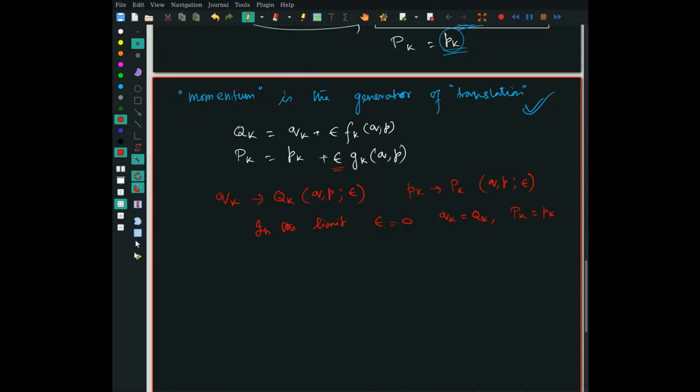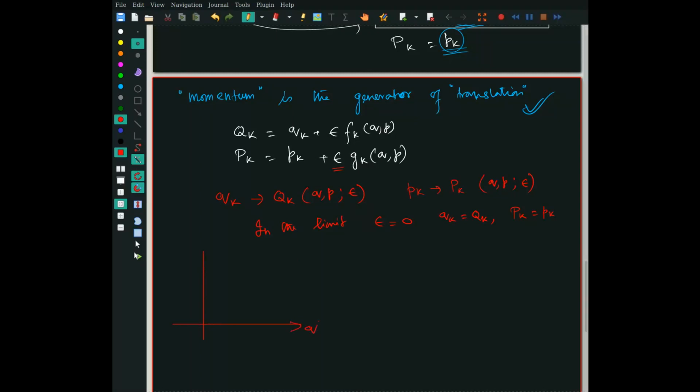One way of looking at this is that this canonical transformation might mean that you are looking at the same phase space point, but in a different coordinate system. You are expressing the same point in a different coordinate system. This is usually called a passive sense of looking at things.